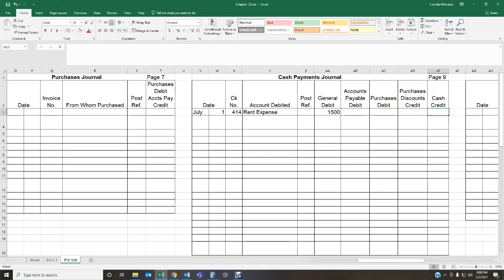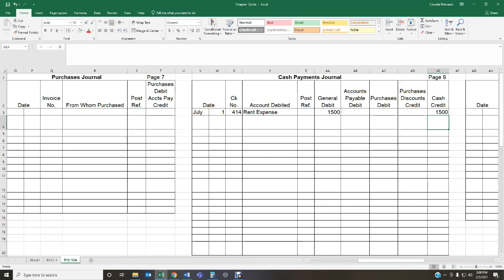So what's happening to our cash when we pay our rent? When we pay our rent, we credit cash. Every time we utilize cash for any purpose, the cash account is credited. So in this case, we're going to keep track of that. My cash is going to be credited for $1,500. Okay?